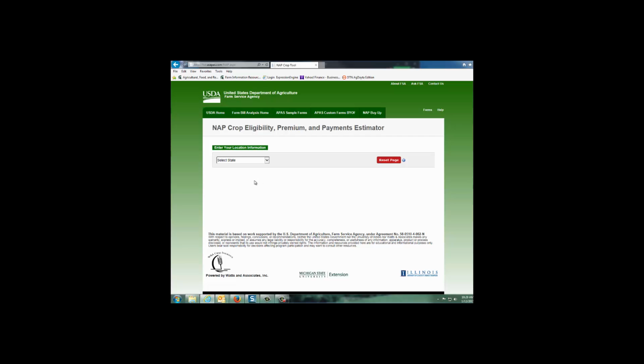And so if you don't have the information to do your proven yields, then you need to collect that information, and then you need to work with them on what your actual expected yield will be that you can use for your NAP program. And if this seems to be a tool that you can use, your next step is to gather all the pertinent information and then head down to the Farm Service Agency.